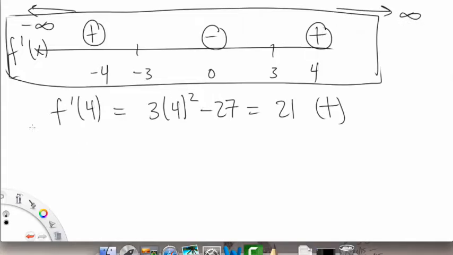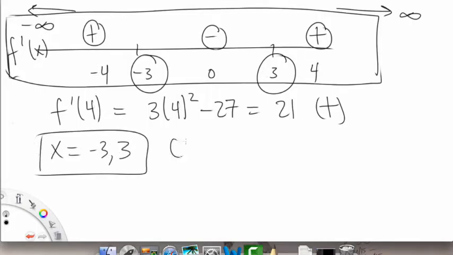So I'll just start with analyzing those critical points. So again, here are the critical points. This was negative 3 and a positive 3, right? So those were, remember, x equals negative 3 and x equals positive 3. Those were our 2 critical points.